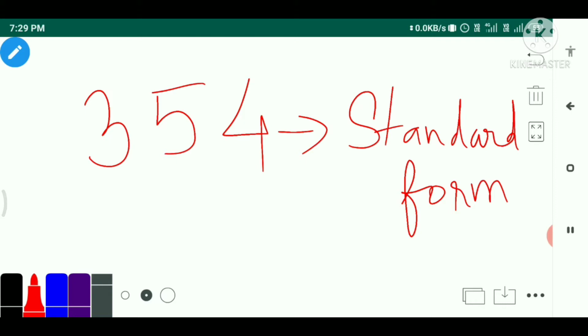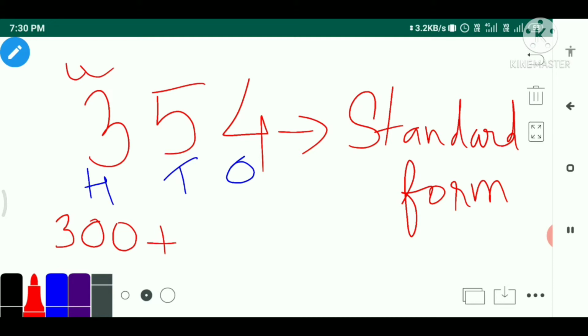Now the same number, as you can see, this one is ones, tens and hundreds. So we'll start writing from this digit. 3 stands in the hundreds place, so the place value of 3 will be 300.